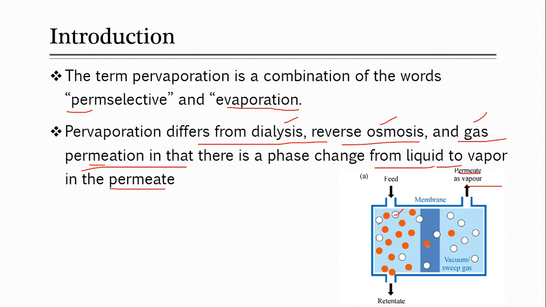Hopefully it's clear to you. We will discuss this point again later in the lecture, but the major purpose of pervaporation is to evaporate the species which are diffusing through the membrane, and by evaporating, you are increasing the rate of their diffusion and separation through the membrane.